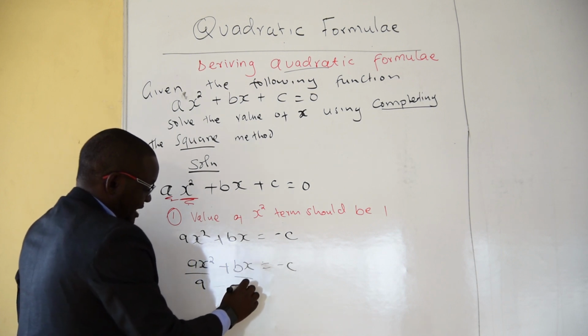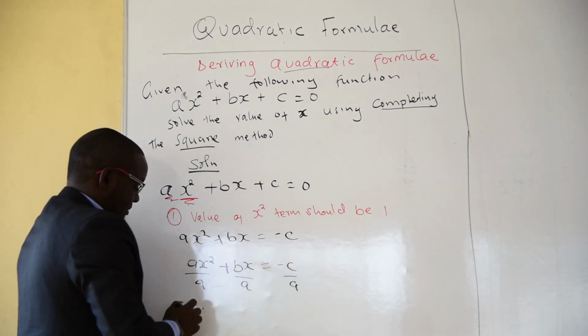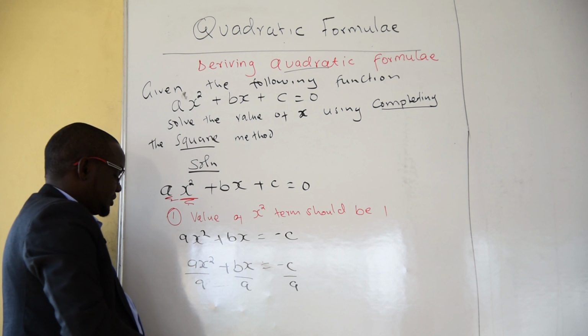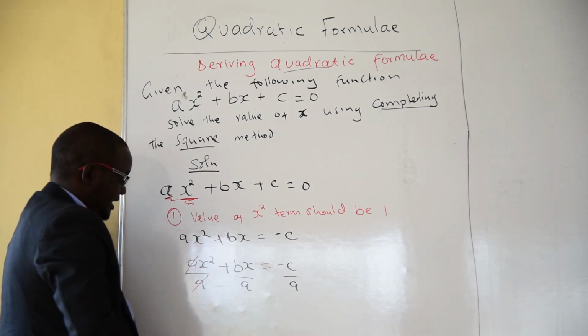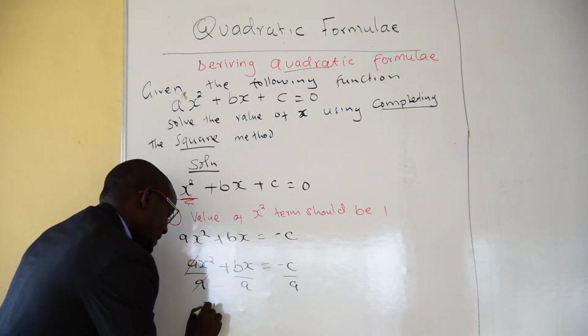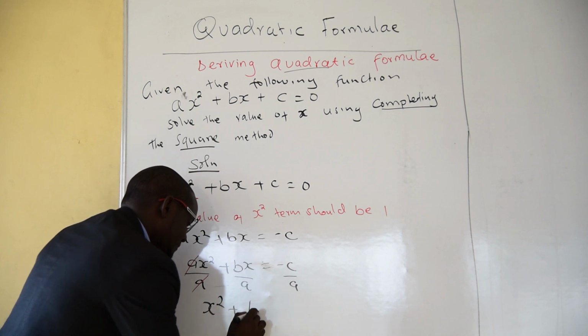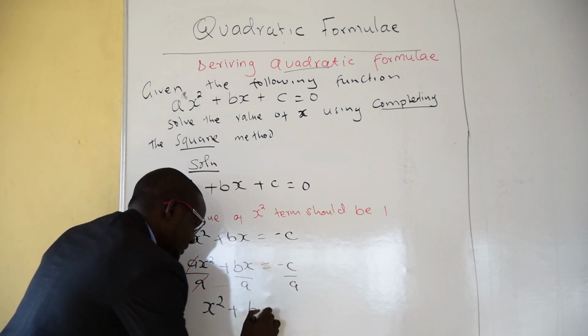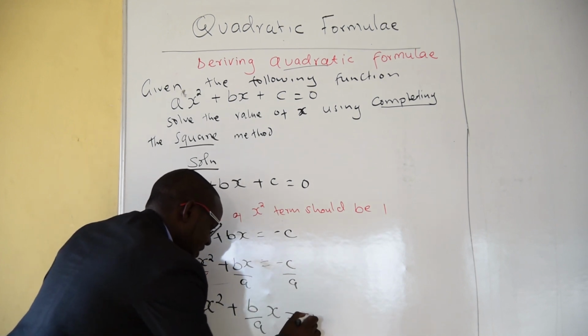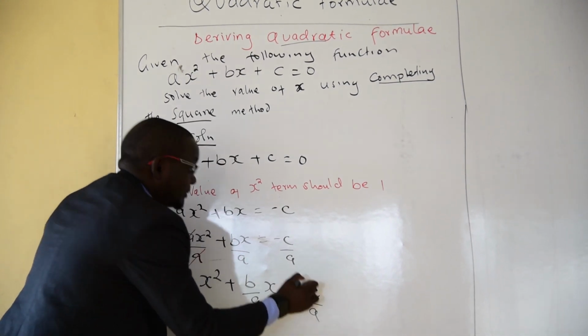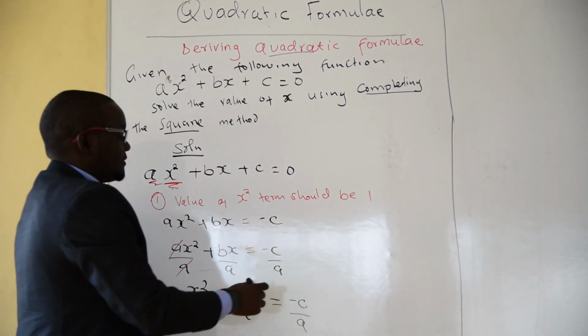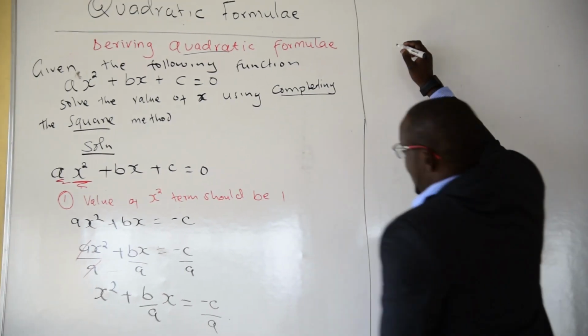This cancels, and I'm left with x squared plus b over a, x equals negative c over a.